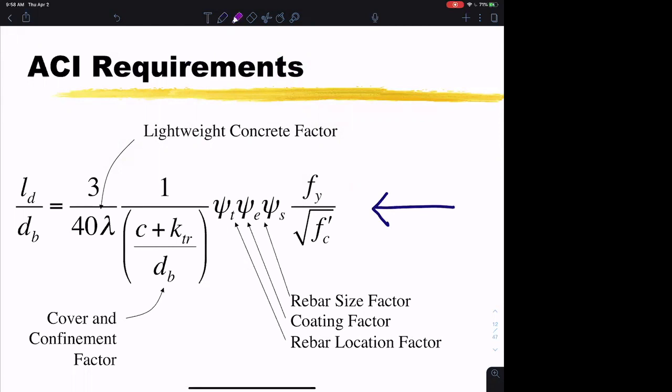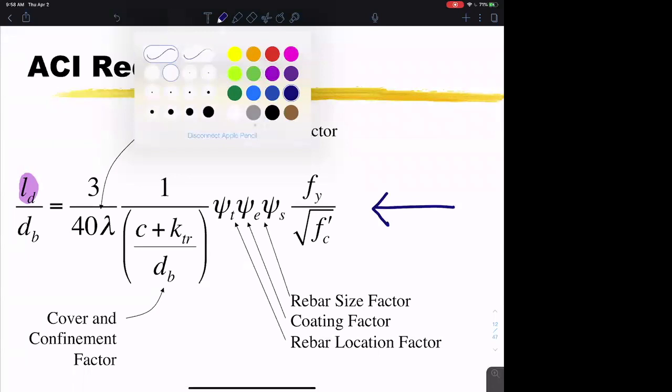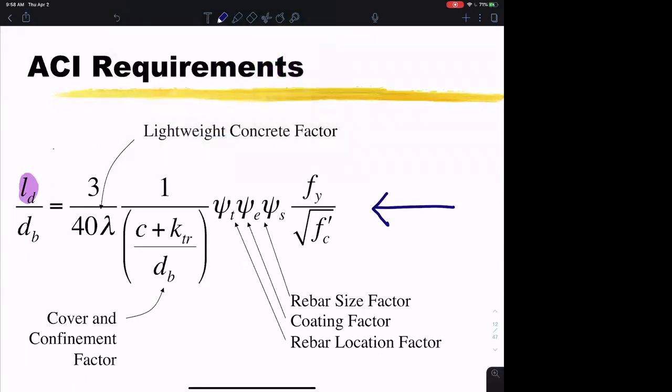Let me walk you through this. This is the development length.